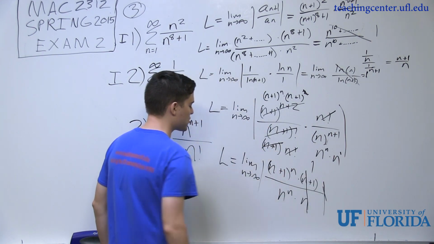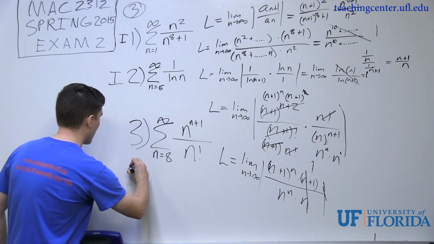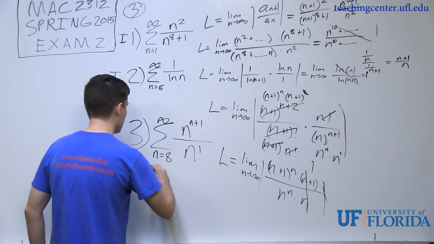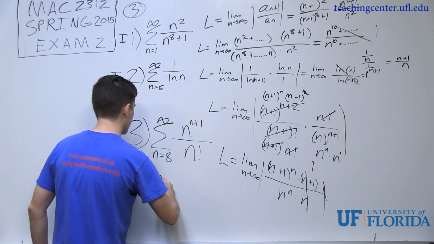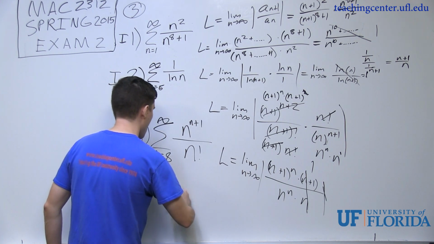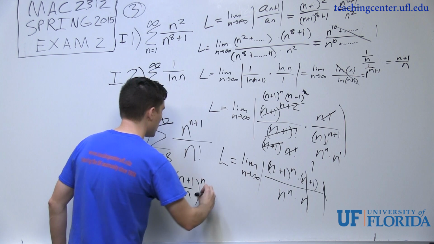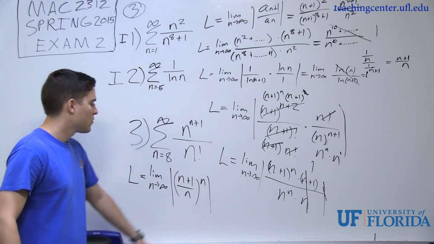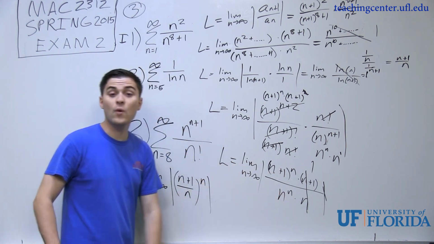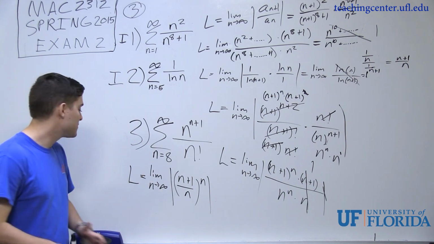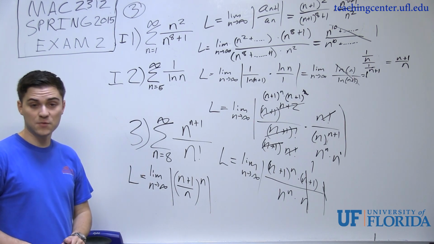But I'm still left with this term here. So if I rewrite that out, L is equal to the limit as n approaches infinity of n plus 1 over n, all to the n power. The reason I can do that is, again, these are both to n powers, so I can condense them down into one exponent.